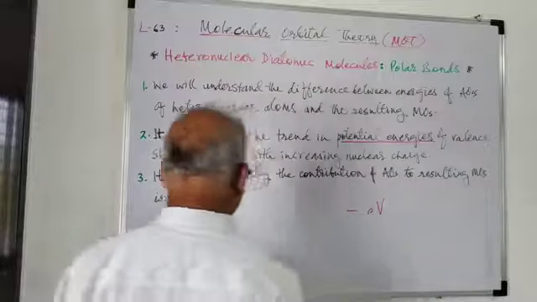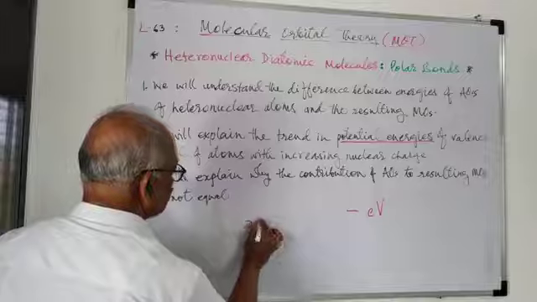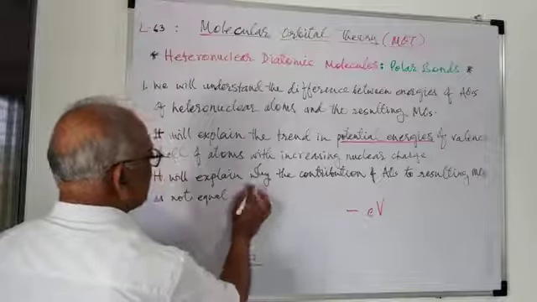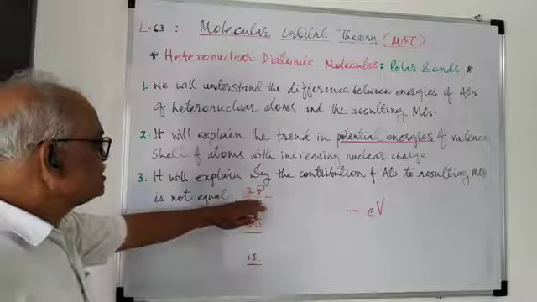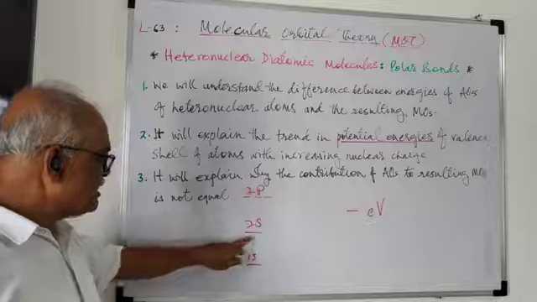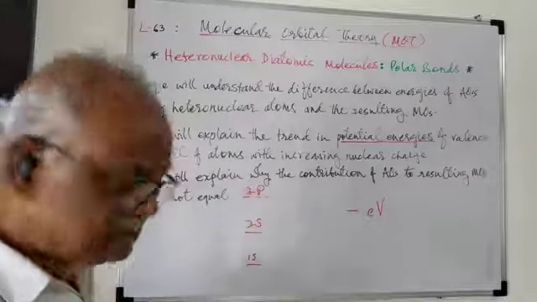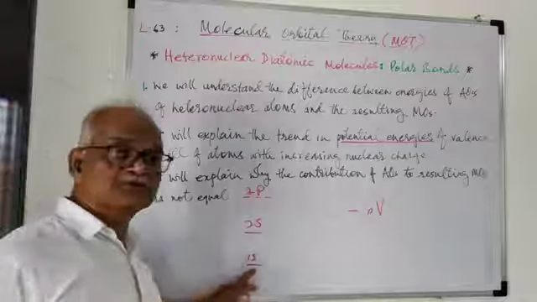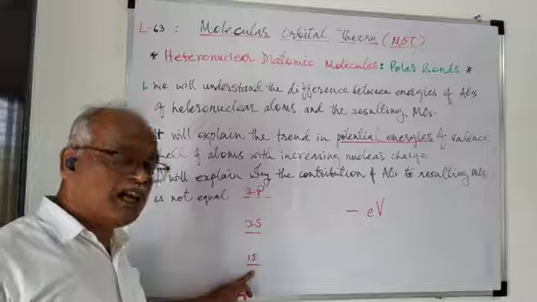So we know that there are 1s atomic orbital, 2s atomic orbital, and 2p atomic orbitals, but there are three orbitals involved in the p subshell. There is only one atomic orbital in the 1s case, but we can place one electron in 1s, or we can place two electrons.